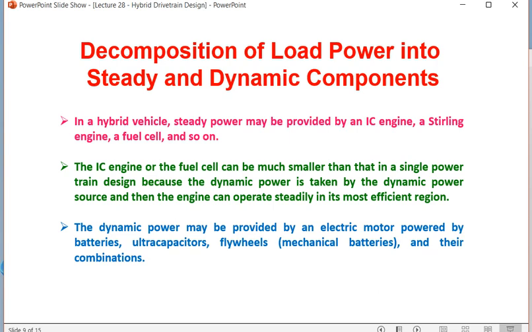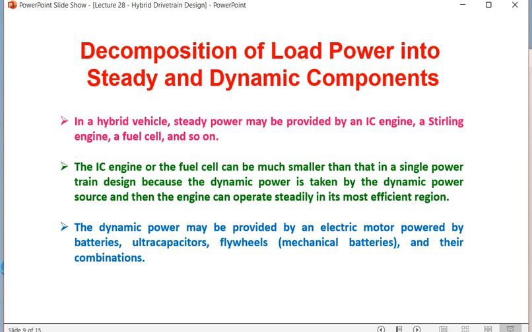If it is a purely IC engine based vehicle, or a purely fuel cell based vehicle, that means only a single source, then the IC engine and fuel cell will be very big in size, because they have to supply the constant average power as well as the bumper power.